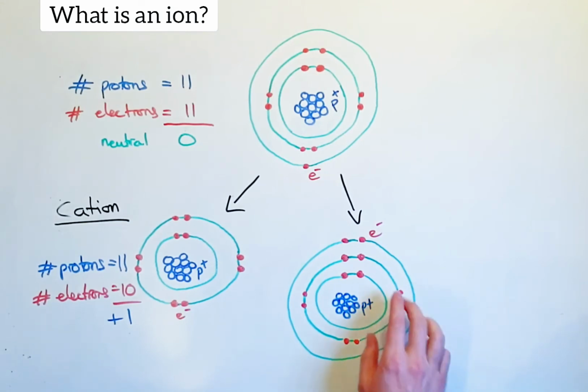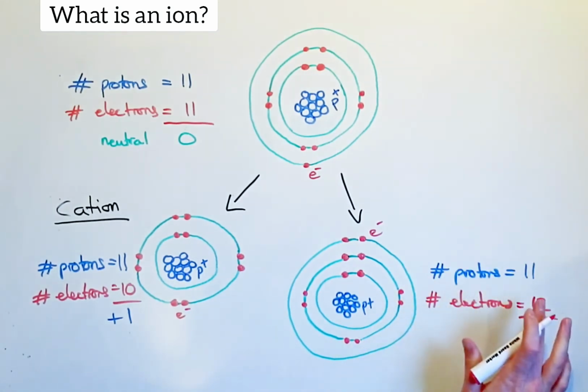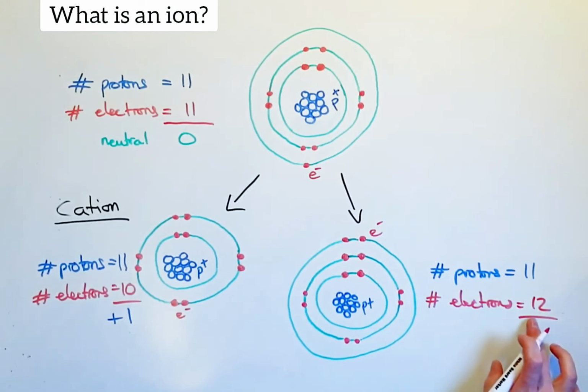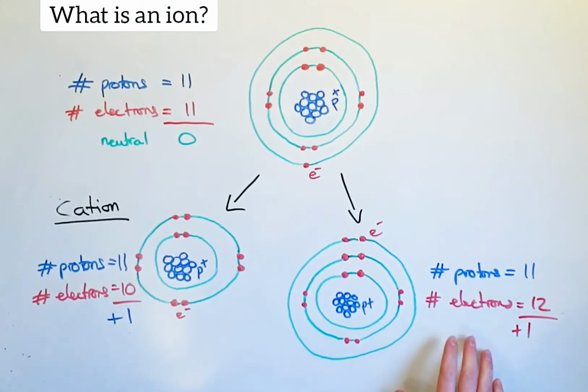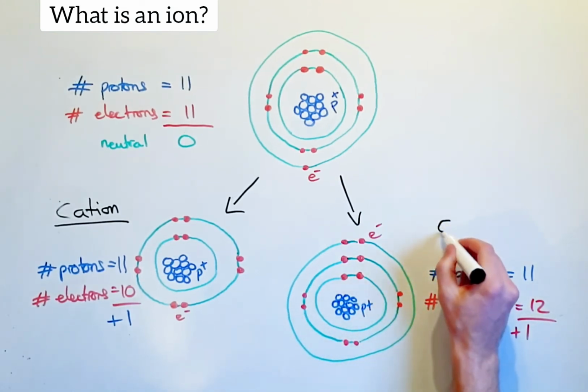If you count the electrons in the orbitals, you'll see that we have 12 electrons and 11 protons. So we also have a net charge in this case, but the difference is that we have one more electron than we do protons, therefore giving this ion a negative net charge. So this type of ion is called an anion.